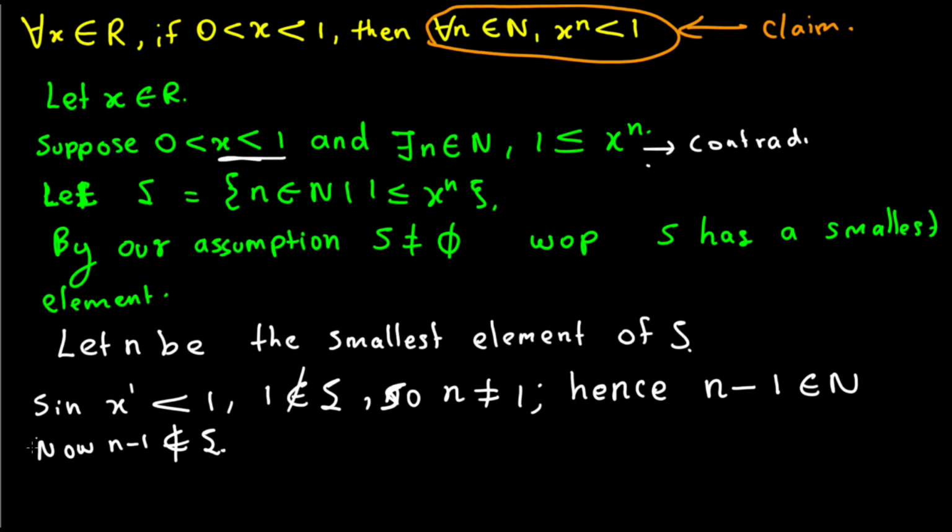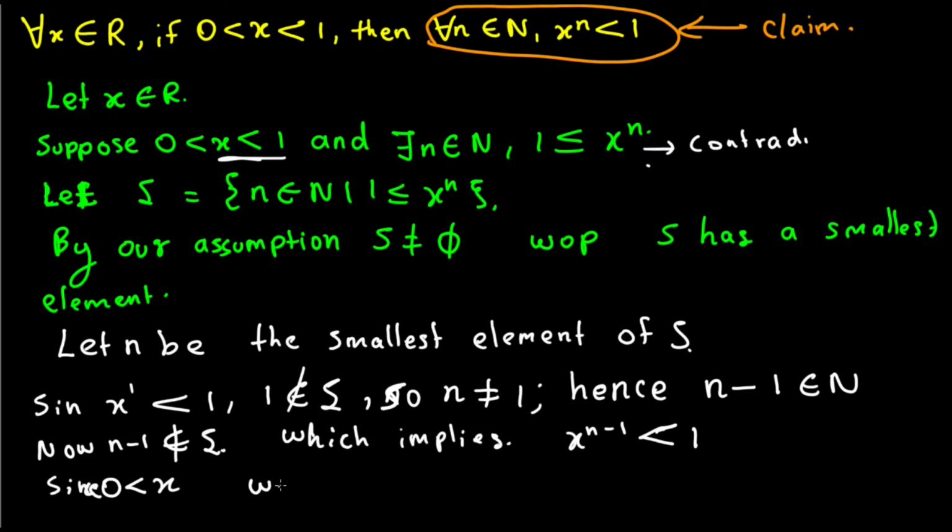If we can prove this contradiction wrong, this means the statement is correct. Now n minus 1 does not belong to the set, which implies that x power n minus 1 is definitely less than 1. And then since 0 is less than x, that's given right here, we have x times x power n minus 1 is less than x.